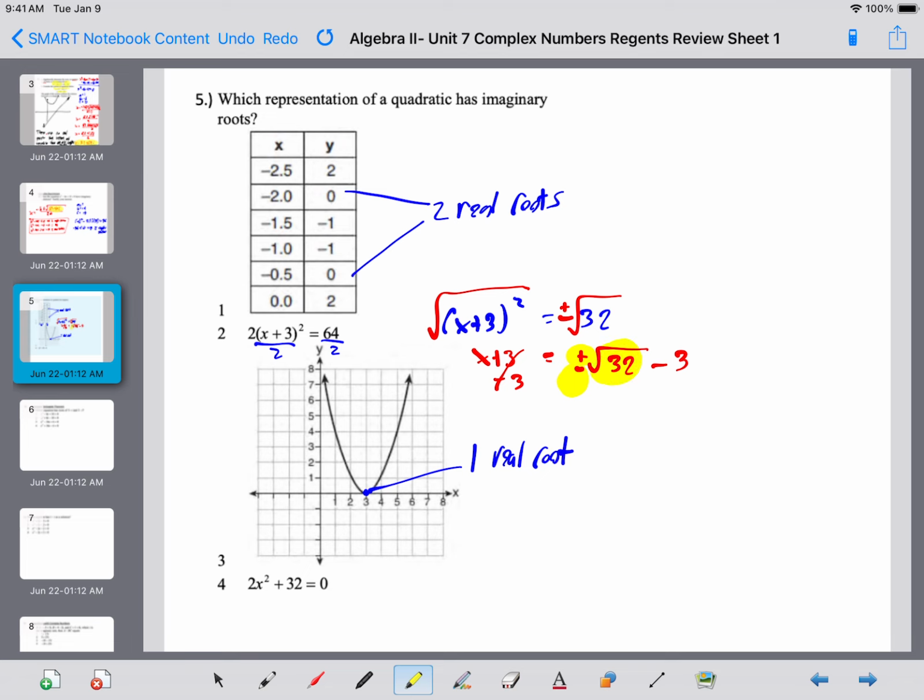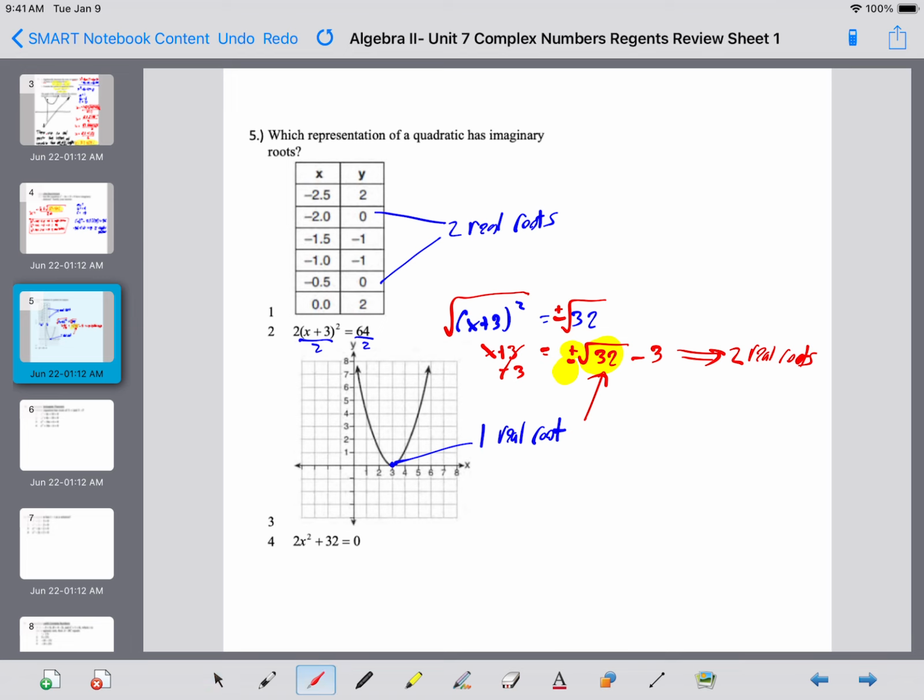It's going to be an irrational number, right? So it's going to be a long decimal, but it still exists. So that's two real roots. Remember, in order for it to be imaginary, it has to have a negative in the radical, a negative radicand. So that leaves number 4, but let's just check to see that we didn't make a mistake. You subtract 32. You could already see where that negative comes from.